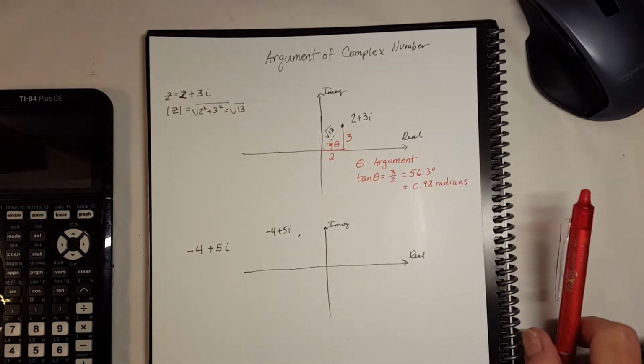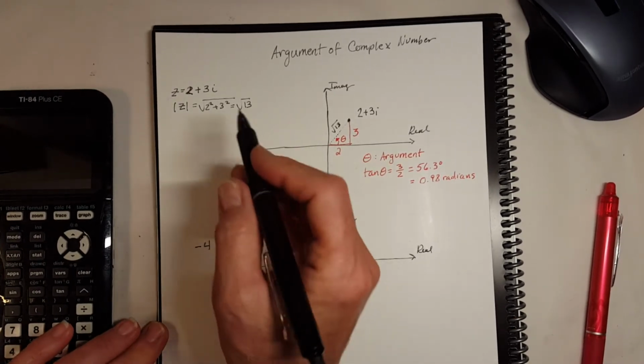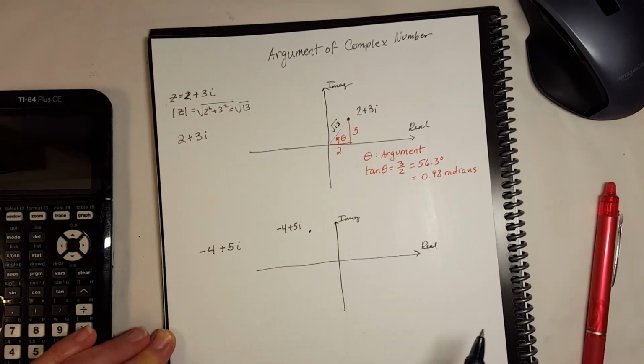Okay, now what does that do for us? What this allows us to do is to write our complex number, our 2 plus 3i, in a trig form.